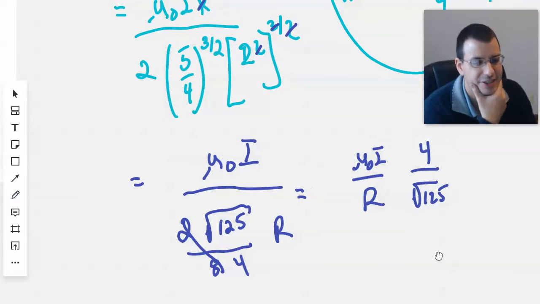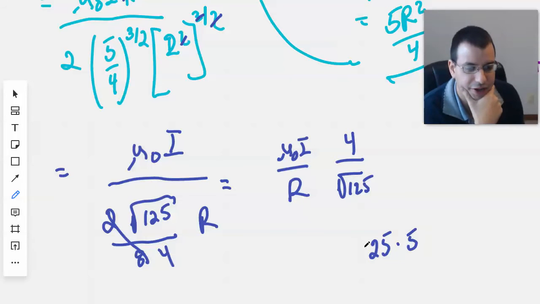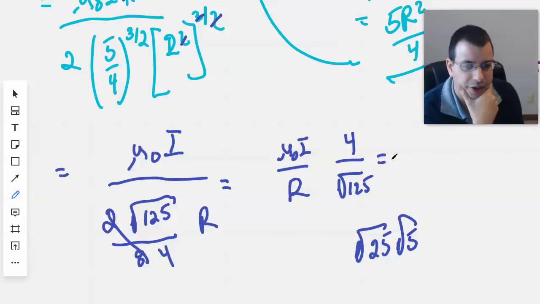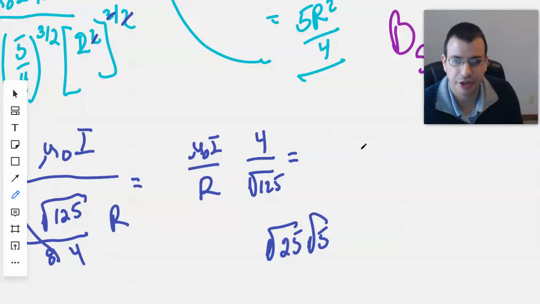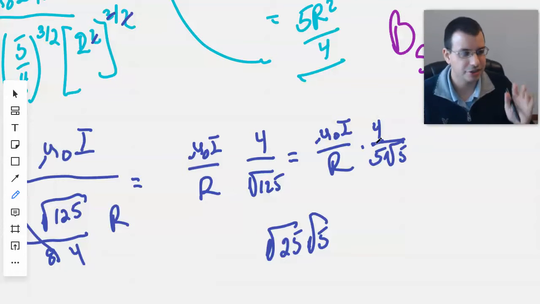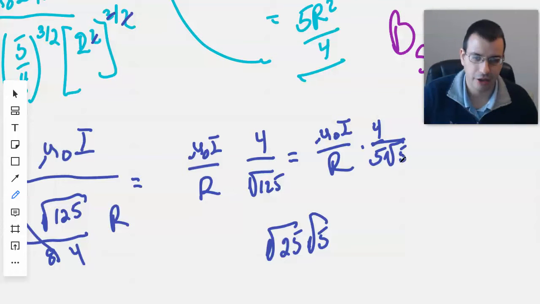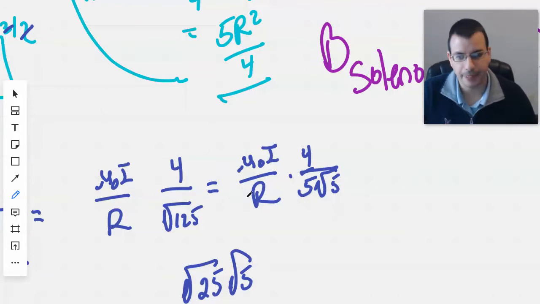I think I can simplify this though, because this is 25 times 5, and we take the square root of both. And so this becomes mu naught I over r times 4 over 5 times the square root of 5. And I know it's gauche to have a square root in the denominator.